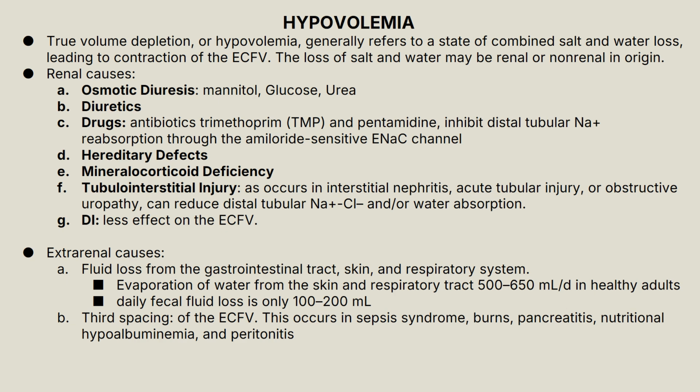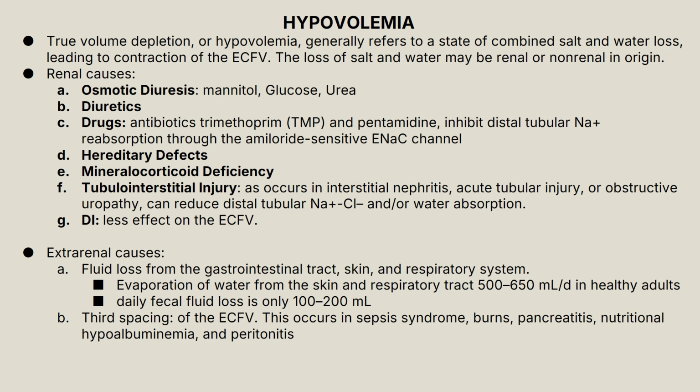Now we will start with our first water disturbance, which is hypovolemia. Hypovolemia is most appropriately termed a sodium problem. So whenever you think about the water disturbances or hypo and hypernatremia, always think that what changes the volumes is the sodium, but it appears normal in the lab results.